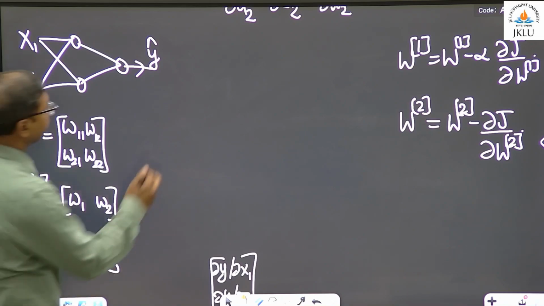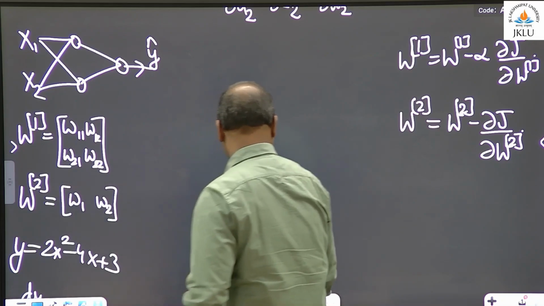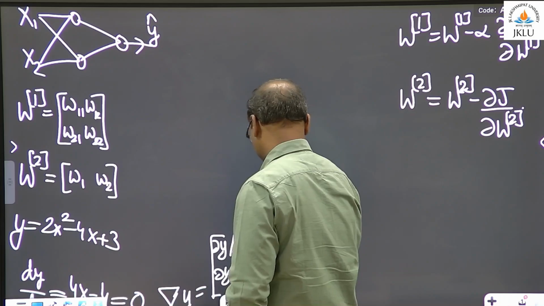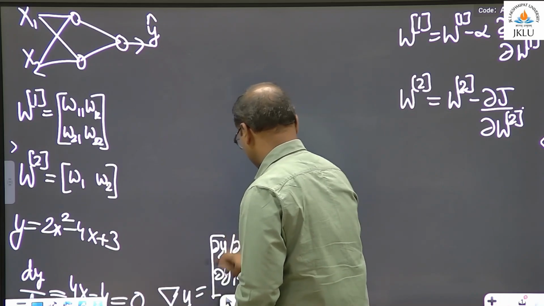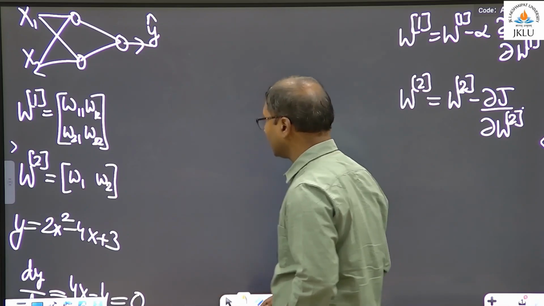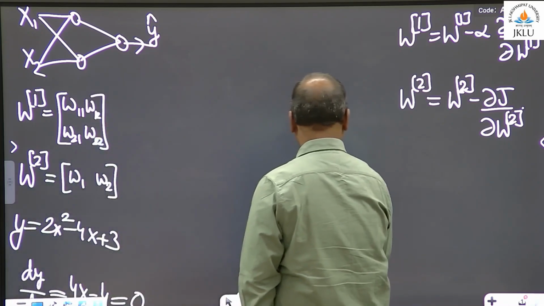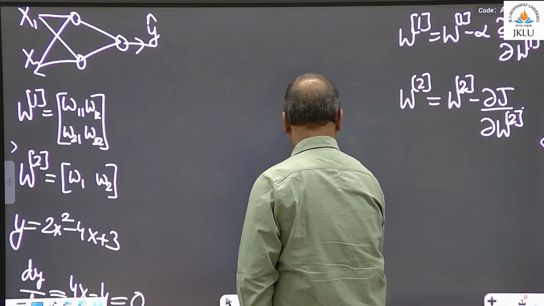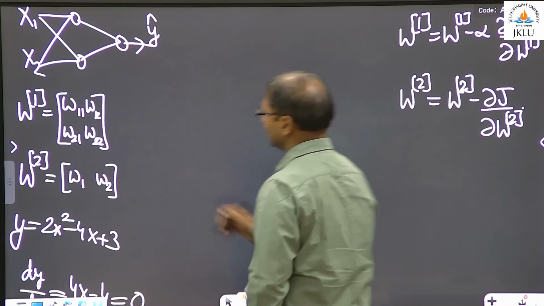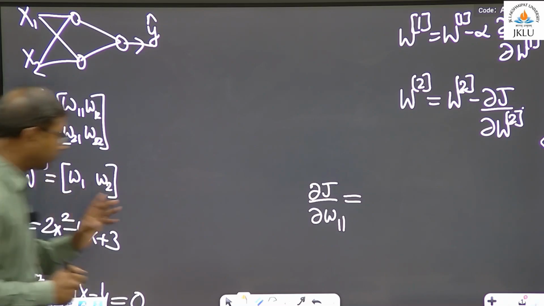Maybe I will shift this a bit up and erase this, and you are supposed to give me del J by del W11, which is this parameter, or maybe del W1 first.